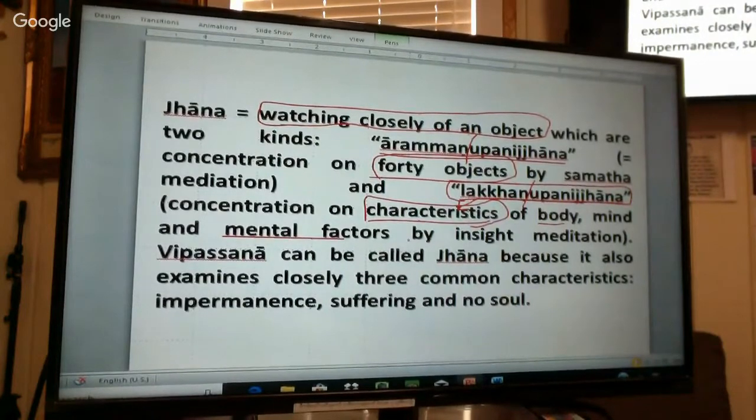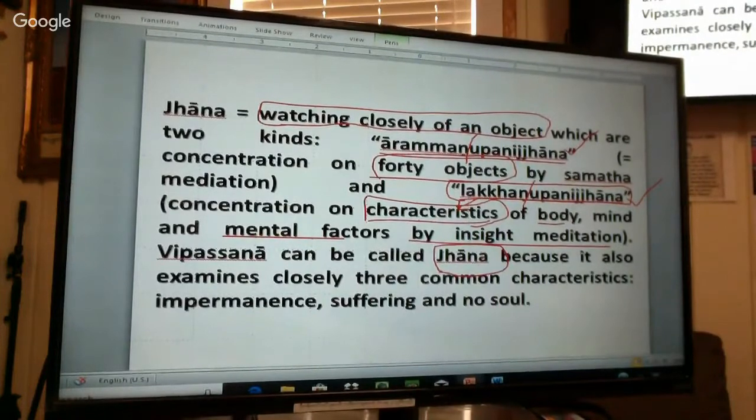So in insight meditation, we call that kind of jhana Lakkhanupanijjhana, not Aramanupanijjhana. Aramanupanijjhana is just for concentration power. Lakkhanupanijjhana is for vipassana. So that's why vipassana is also called jhana.